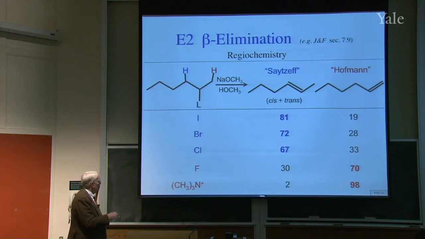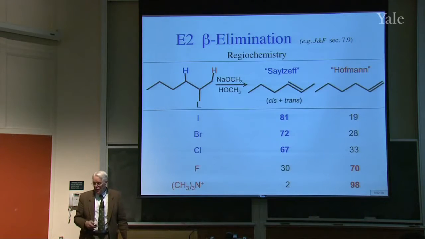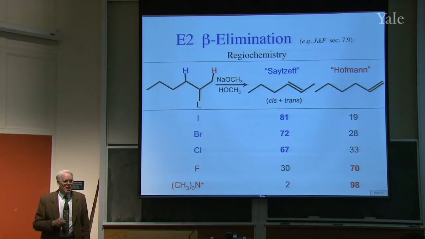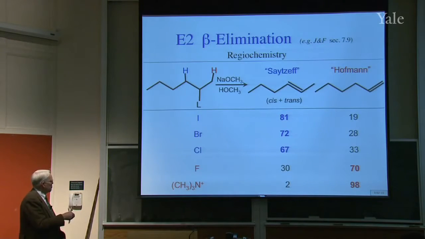And the same is true for the leaving group being trimethylamine. So the trimethyl ammonium starting material loses this trimethylamine and this proton. So it's 98% of Hoffman orientation. So this big group seems to be Hoffman, iodide seems to be Zaitsev.